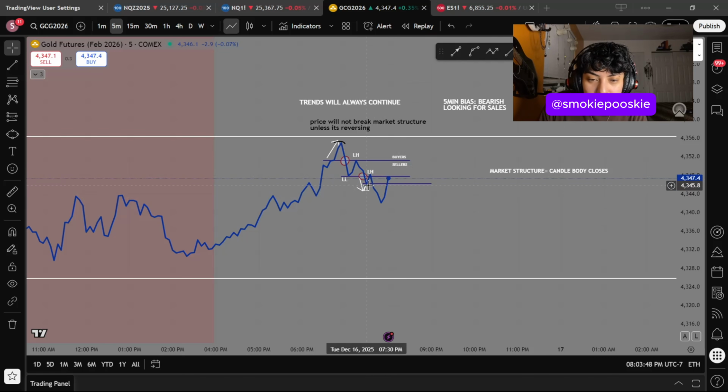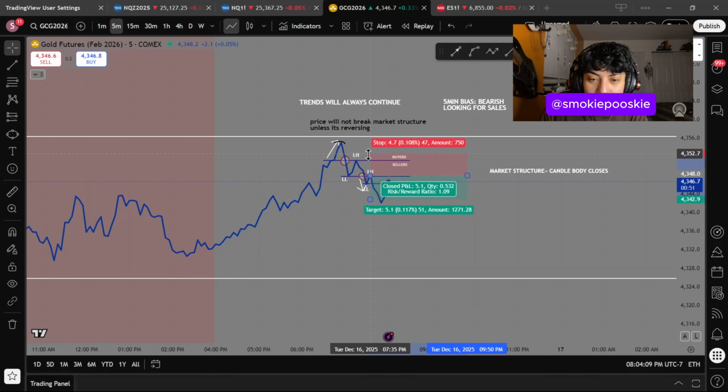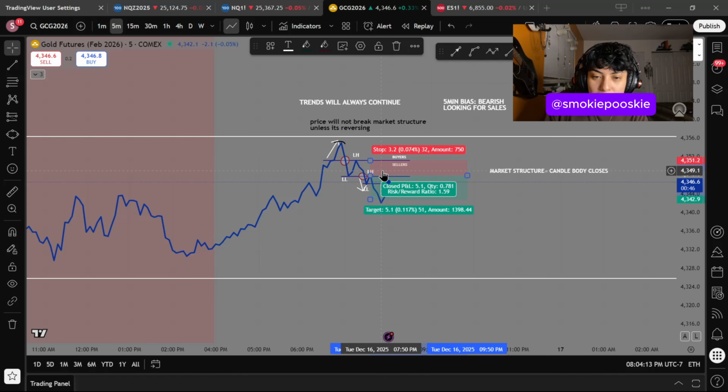Price made a tiny break right there, corrected all the way up to that same exact level. Could have gone higher, but as soon as it went back to this level, you could have entered right there. If you missed that first move, we could have entered right there, right? Short. Entered right here, stop loss above this level, and you notice it's the level that we marked out.